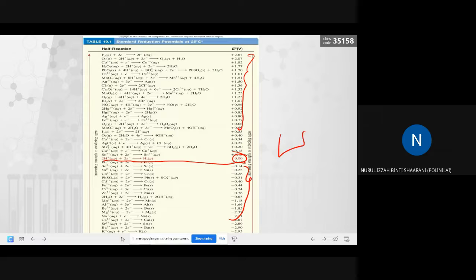Kalau kita ada dua sel dekat situ, satu hydrogen, satu lagi zinc ke apa, hydrogen ni dah nilai dia 0, so any voltage produced is referring to the other electrode ni lah yang hasilkan value-value yang ada ni lah.